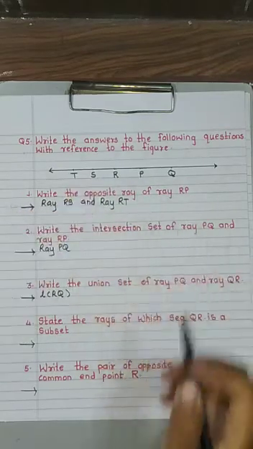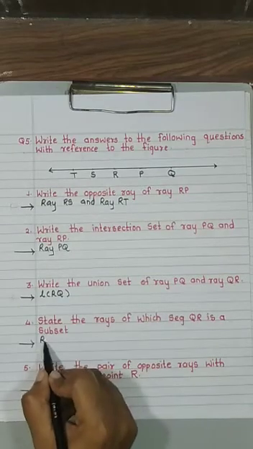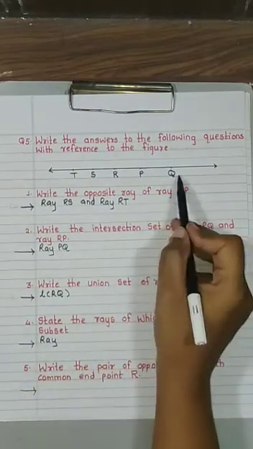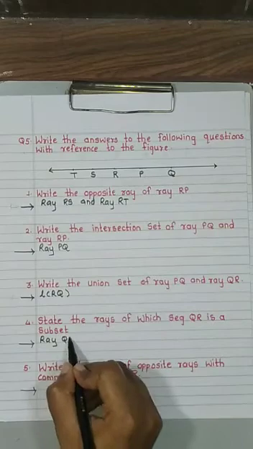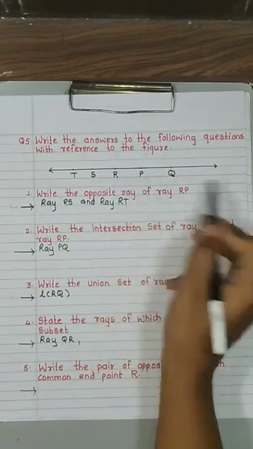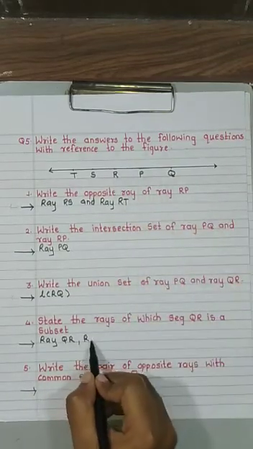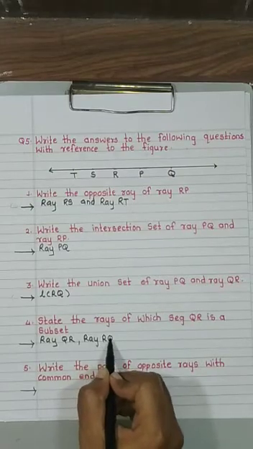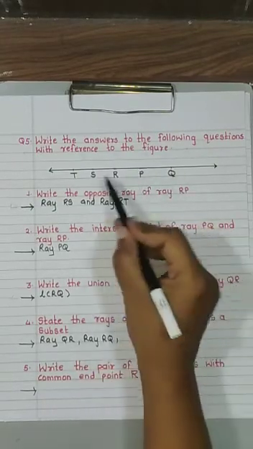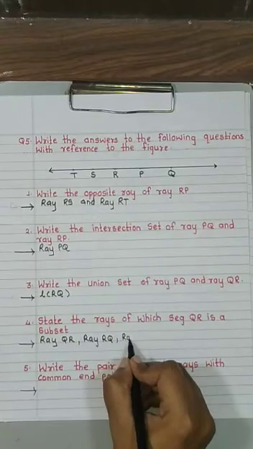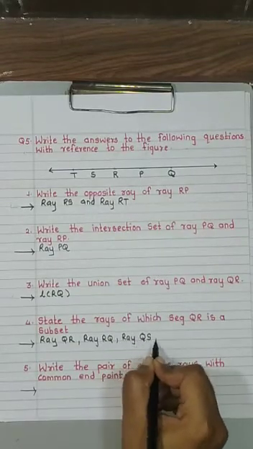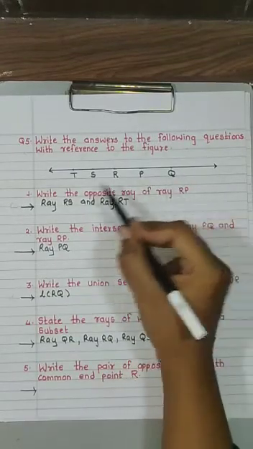I'll write it down. It is a subset of ray QR, you can see it, QR. After that ray RQ, then ray QS, ray QT, and so on.